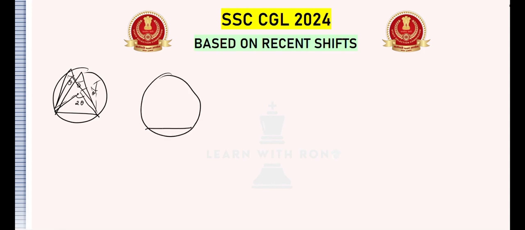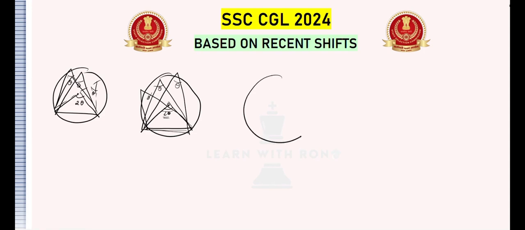So if this is a chord and this is the center, and this is 2 theta, the angle the chord makes is the same on every point of the major segment. So at the center it makes 2 theta, and half that angle, theta, on the major segment. Try to remember this concept.